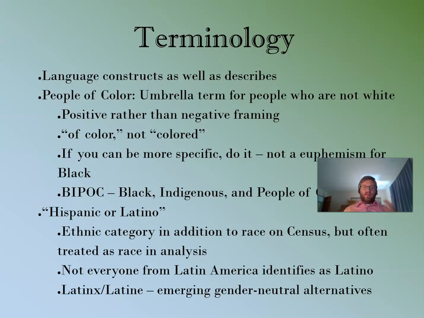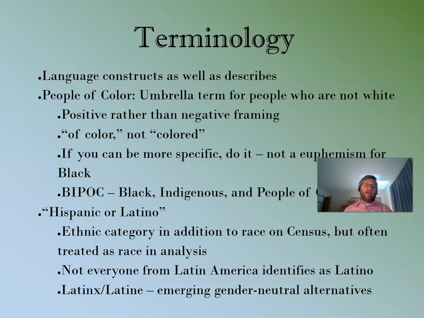And in the census, this is an additional question separate from the race question. So when you're filling out a census form, or any other sort of form or survey that uses the same question format that the census does, which is very common in research so that you can match your data up with census data for comparisons, the census asks about race as one question, and then it asks yes or no, are you Hispanic or Latino?